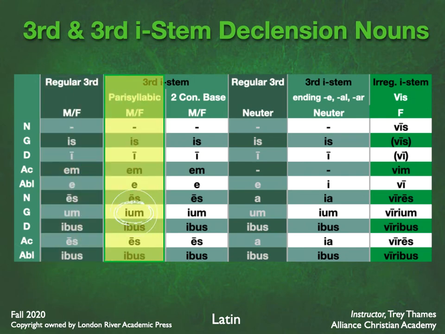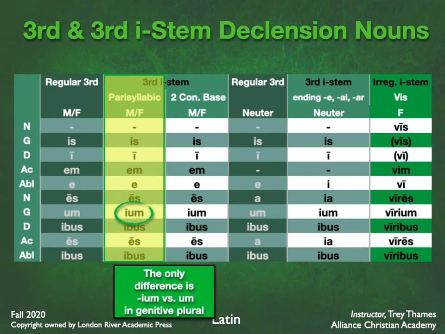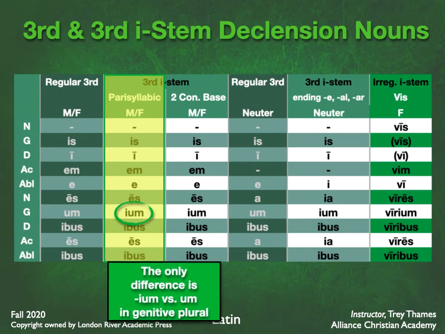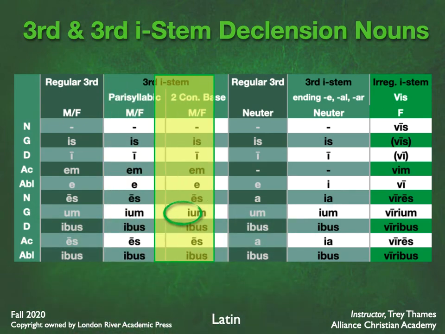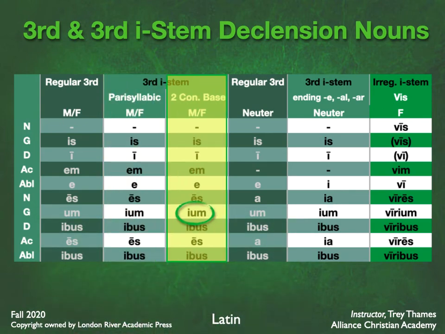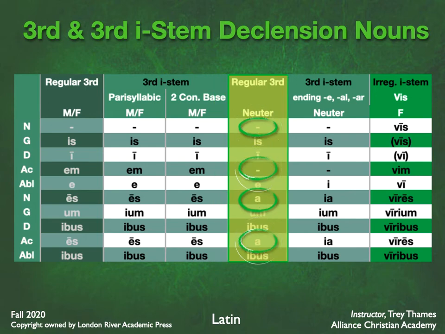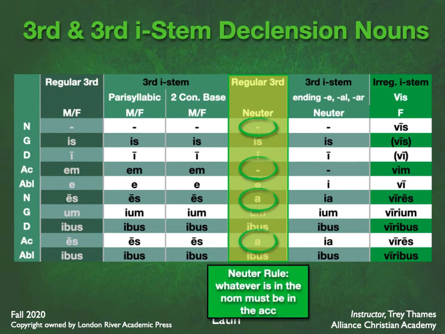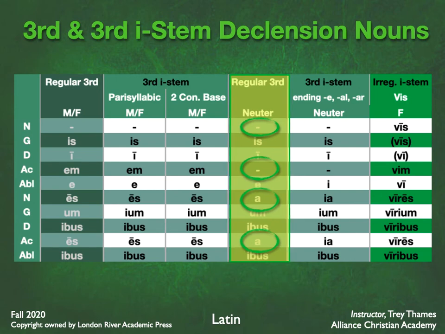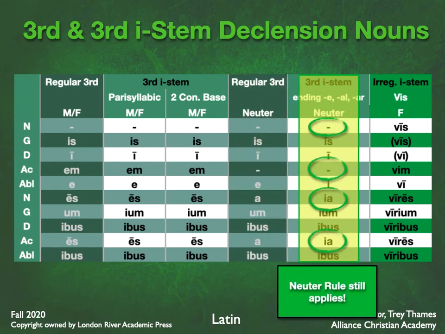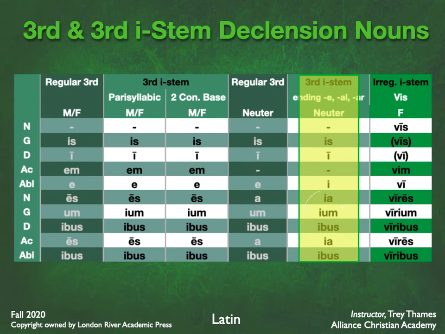You can see third declension endings there. In the I stem, you shift in the genitive plural to an ium instead of an um, and you can see this. Again, in the third declension neuter, you've got the a's, and in the I stem, it becomes an ia. Those are your basic shifts there.